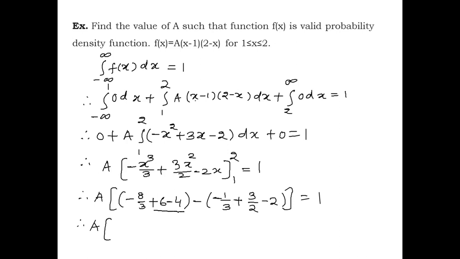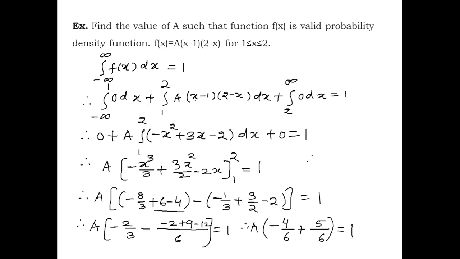So it will be minus 2 by 3 minus, and again 6 minus 2 plus 9 minus 12, if I'm correct, and this is equal to 1, therefore a into minus 4 by 6 minus 3 minus 5 plus 5 is equal to 1, and therefore a is equal to 6. A is equal to 6 is the answer.